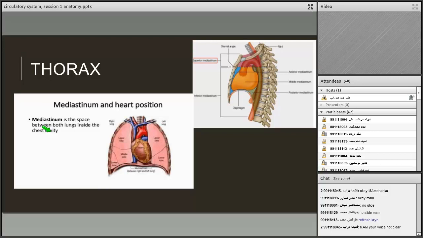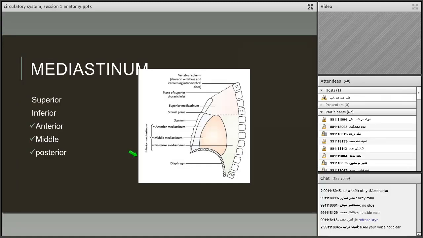Look here. In the sternum we have a part which is called the sternal angle. If you touch your sternum, you can feel it. It comes forward between the manubrium and the body of the sternum. So between the manubrium and the body of the sternum, we have the sternal angle, which is palpable in the body.